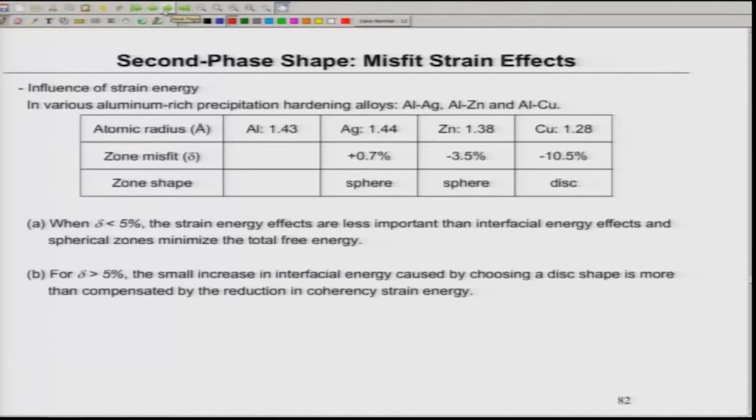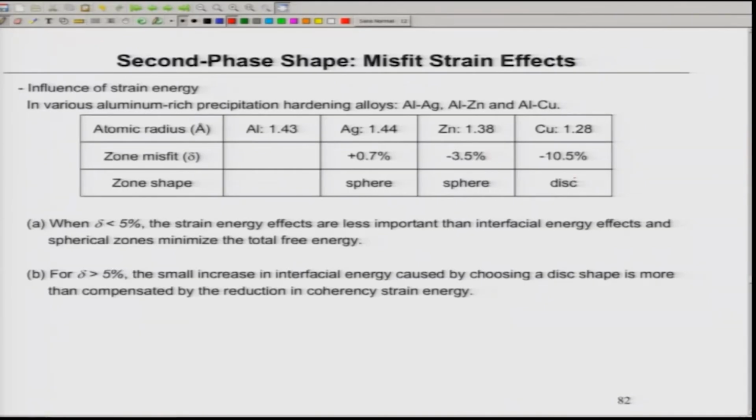But zinc, on the other hand, is minus 3.5. Copper is very large, almost 10% minus. Therefore, the shapes will be spherical in case of aluminum, silver. It will also be spherical in zinc, because it can be accommodated.